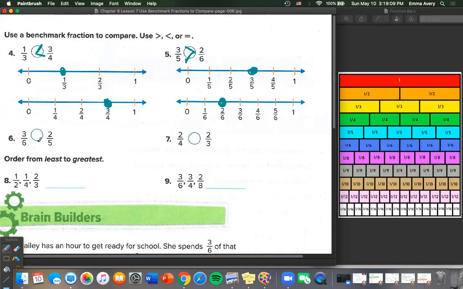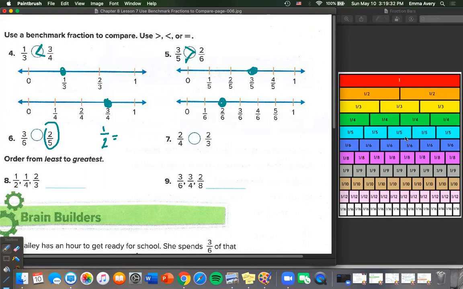Okay, 3/6 and 2/5. Well, we can use our 1/2 trick again. So 1/2 is also equal to... we can't do that with this one because it's not an even number. So this is a good example of sometimes that 1/2 trick isn't going to work.